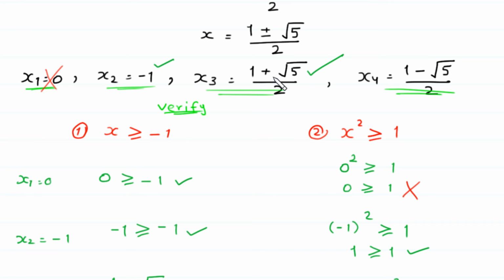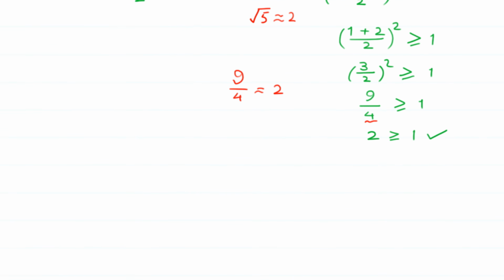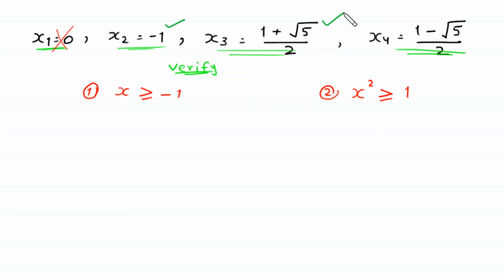This is verified. Now let's verify the fourth value of x, (1 minus square root of 5) over 2. First, in this condition we put the value of x4, (1 minus square root of 5) over 2, must be greater than or equal to negative 1.